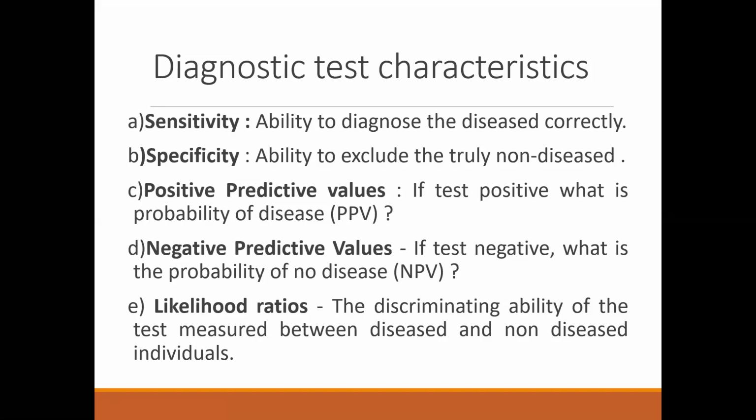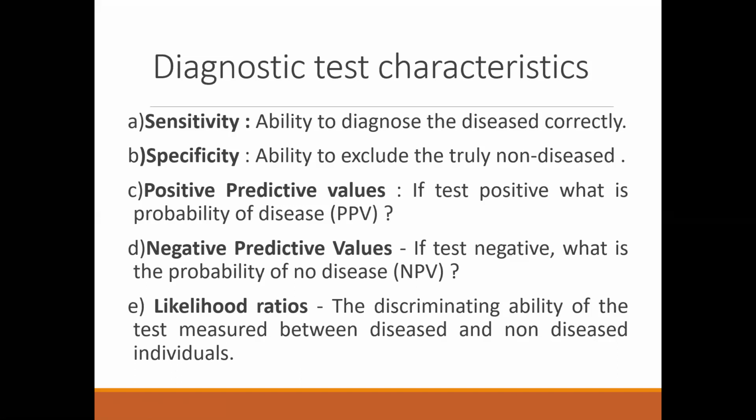For example, if I say the likelihood ratio is 2.6, that means a person is 2.6 times more likely to be diseased than non-diseased, given the test result is positive. So it tells you about the discriminative ability of the test.